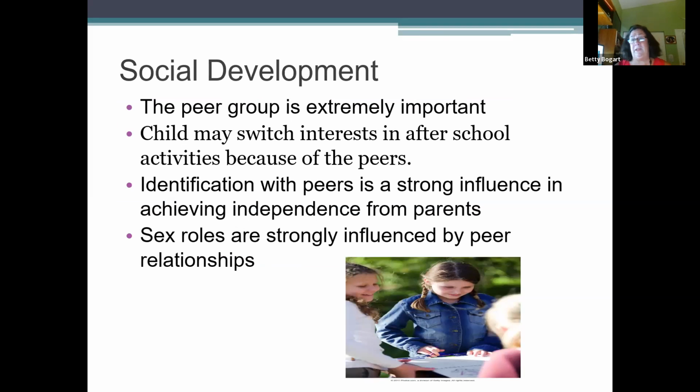Peer groups, really important, same-sex peers. Children love to go out and do activities after school, whether it's sports or any sort of clubs. And again, we're starting to pull away from just the family, just the parents.